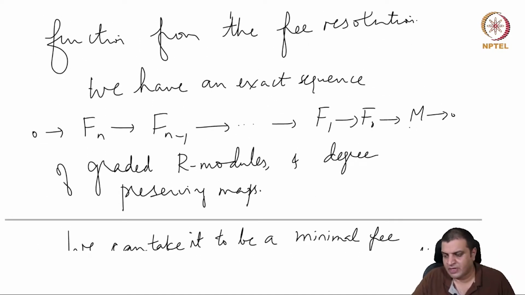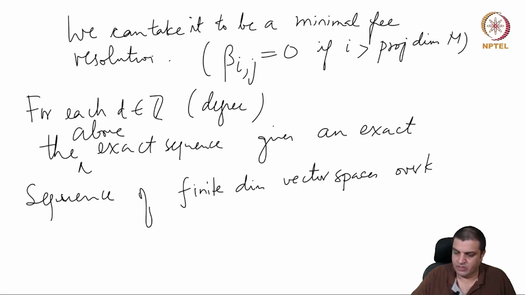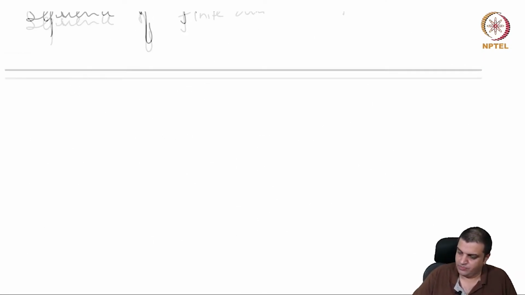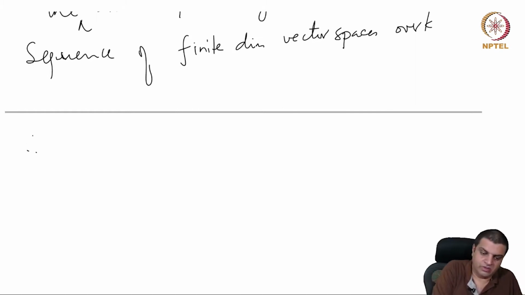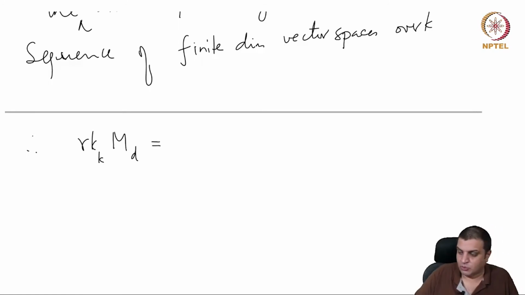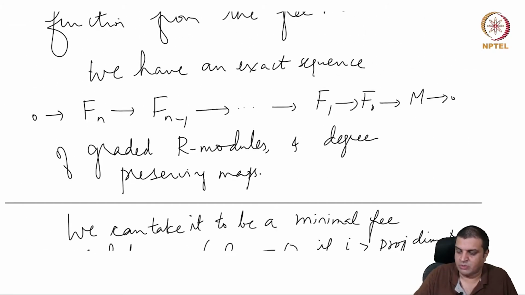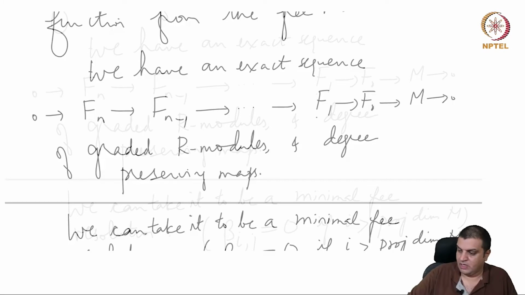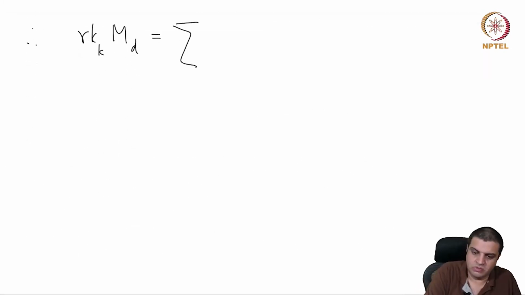Okay. So then we can write down the rank of M in degree d. Therefore, the rank over K of M_d is the alternating sum: the rank of this in degree d, minus the rank of this, plus the rank of this, minus the rank of this, and so on. That is, sum of (-1)^i times the rank over K of F_i in degree d.